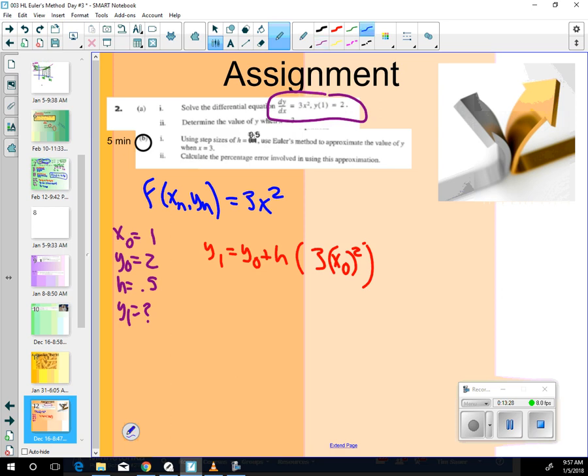And then you just go ahead and plug in. See what you get here. 0.5 times 3, which is 3.5. Yep. Okay, then you go ahead and do the next one.